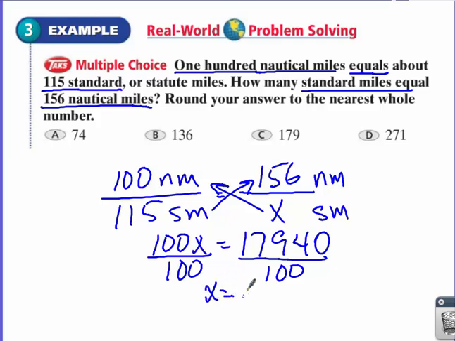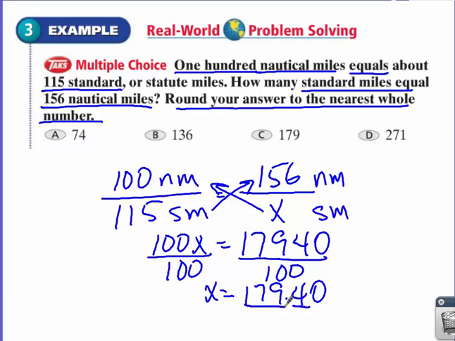And I end up with x equaling 179.40. Now it says, round your answer to the nearest whole number. So this 4, is it big enough to do anything to the 9? No, it's not. It has to be 5 or more. So my answer is just 179 standard miles. So our answer would be C.